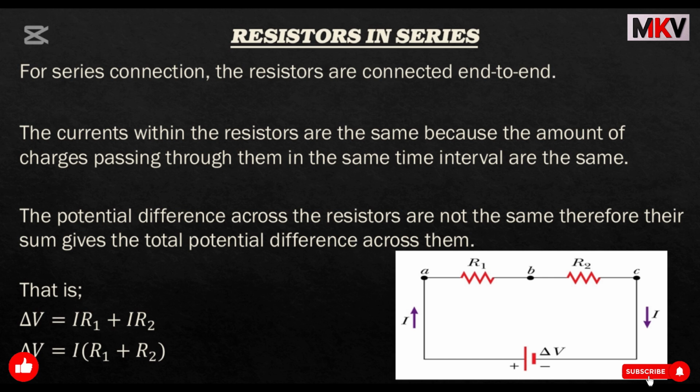We take R1, then you find the potential difference. We take R2, then you find the potential difference. Since the current through is the same, that's why you have an I. But they have different resistances. So R1 has its resistance, R2 has its resistance. We sum them up to get the total potential difference across them.